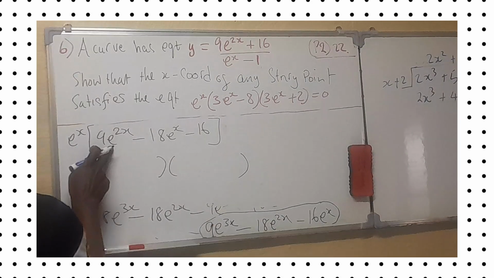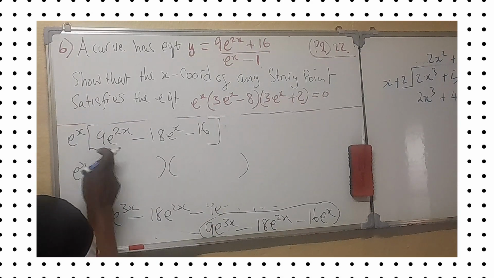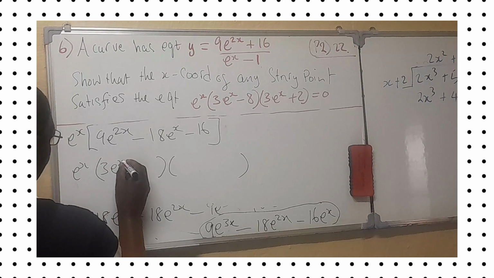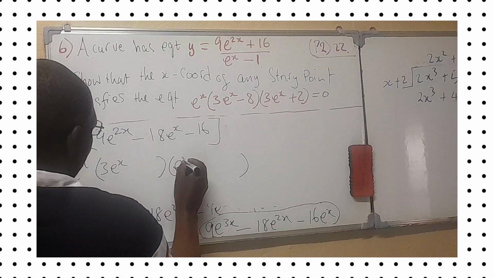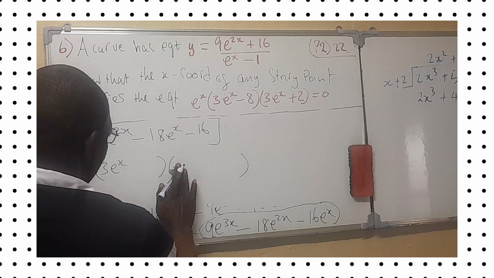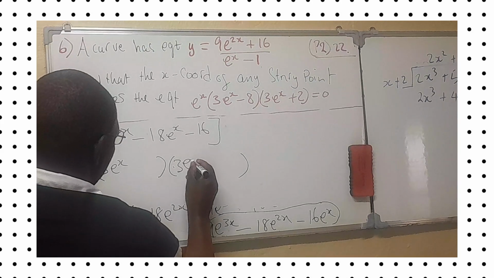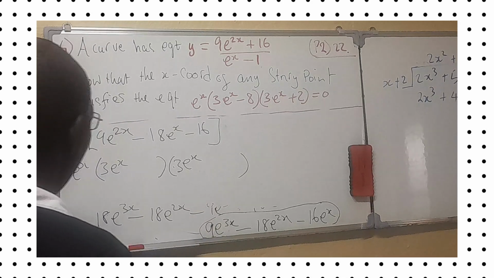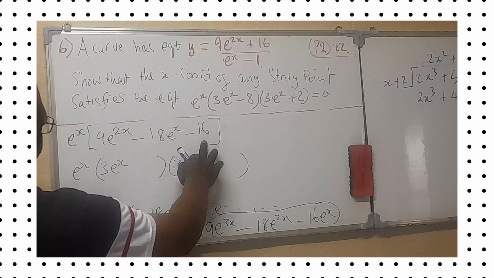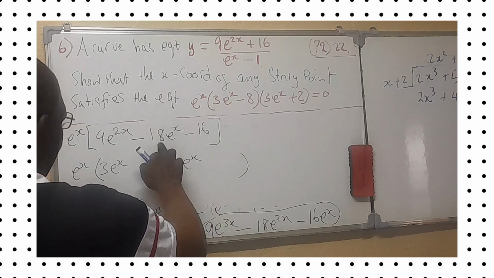What must we have here to give us a 9e to the power 2x? Surely we must have an e to the power x here and an e to the power x here. Sorry, a 3e to the power x, I beg your pardon. What are the factors of 16 that can give us an 18 here?